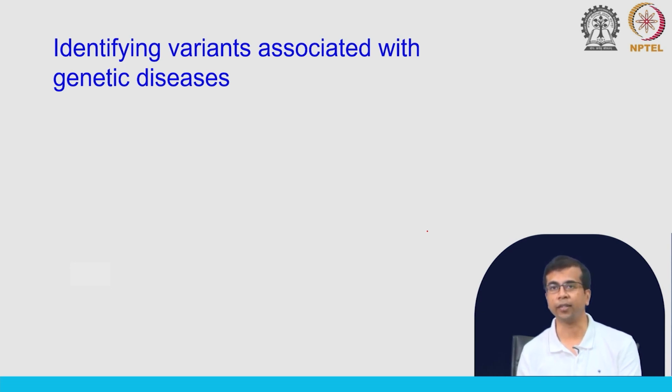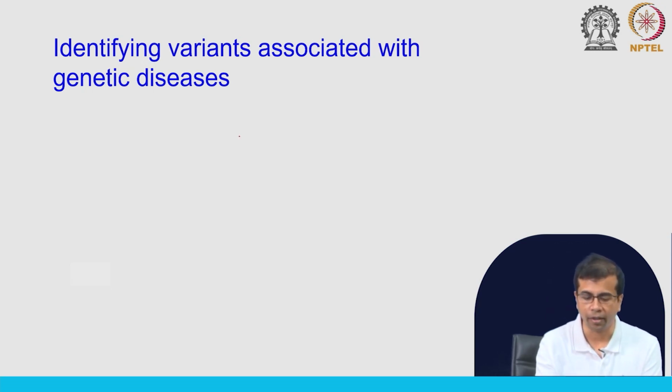So, there are several genetic diseases for which we know different types of mutations in certain genes are responsible. So, by analyzing these variants, we can actually associate some of these variants to genetic disease. So, we can imagine you have a situation where you have specific variants we see associated with a disease.